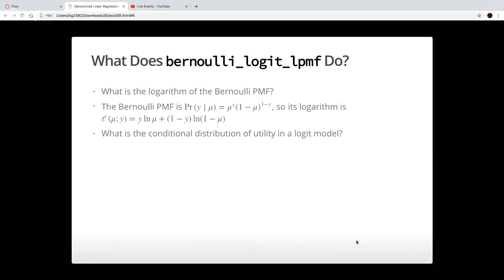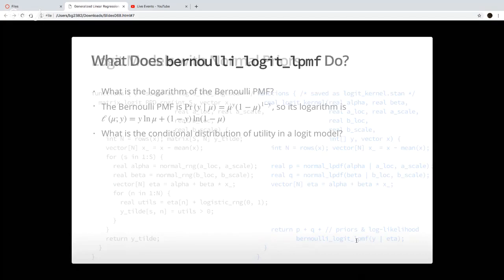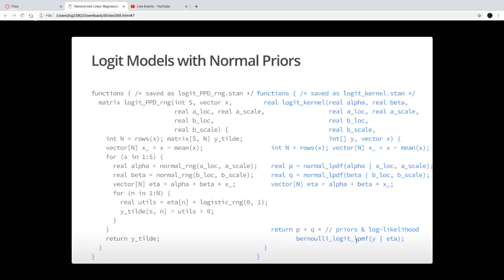And then what's the conditional distribution of utility in a logit model? So if we go back to this, we're saying, okay, utility is equal to eta, the nth value of eta, plus an error that has a standard logistic distribution. And we're saying, well, the outcome is a success if that utility difference is positive, and failure if that utility difference is negative.